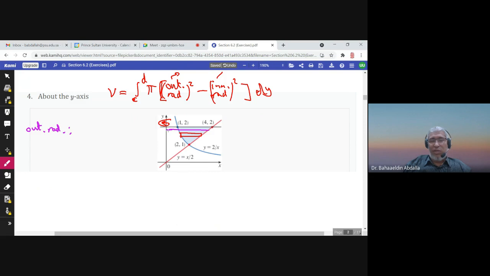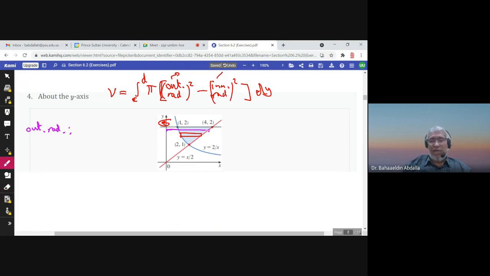If you have any point here, what are the coordinates of this point? It would be x and y. So x is the distance from the y-axis to this point, and y is the distance from the point to the x-axis. So this distance is x.